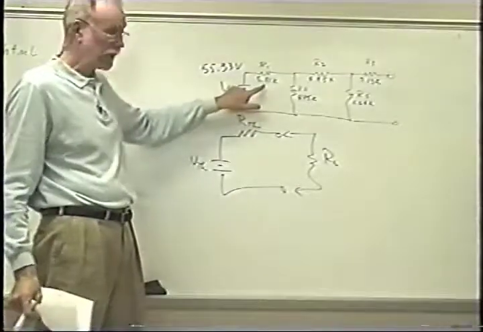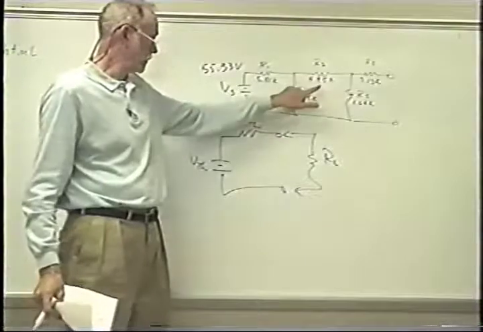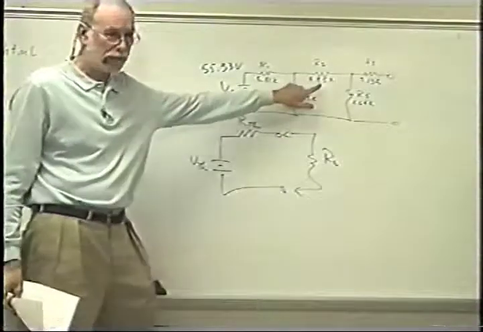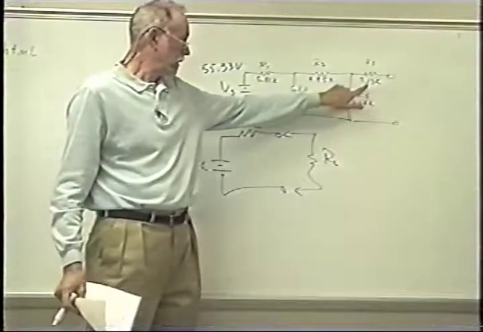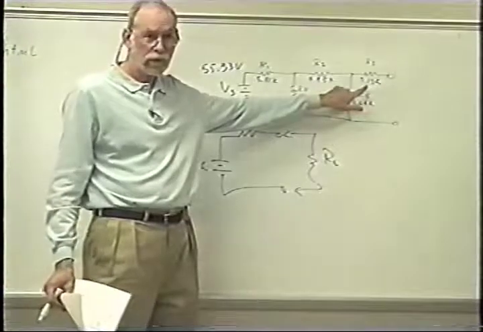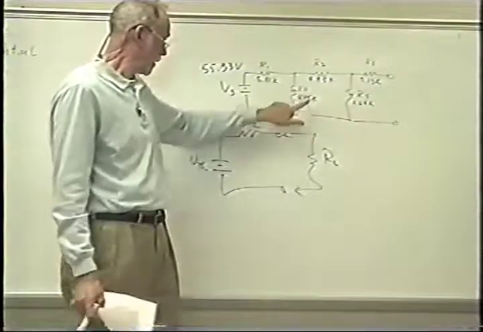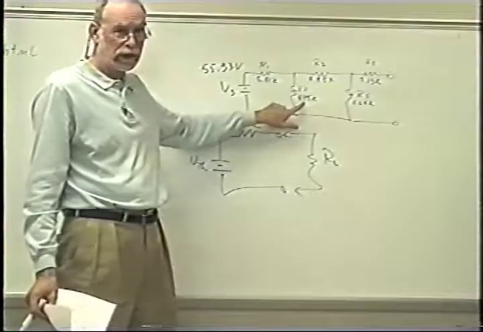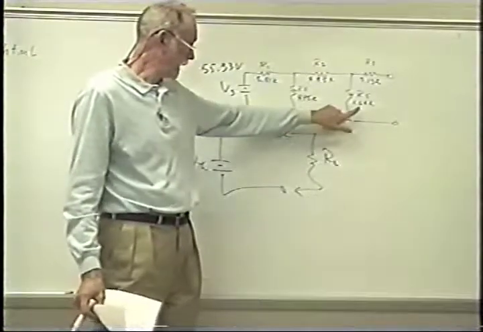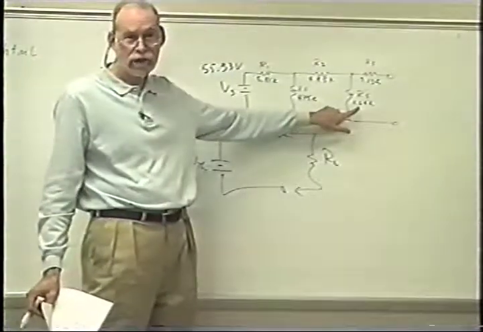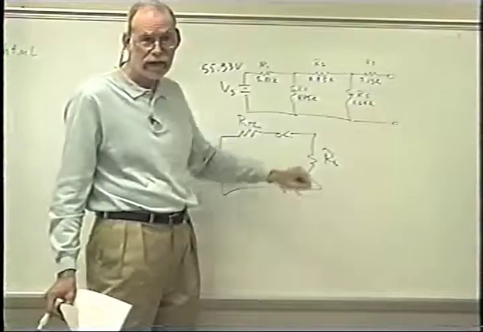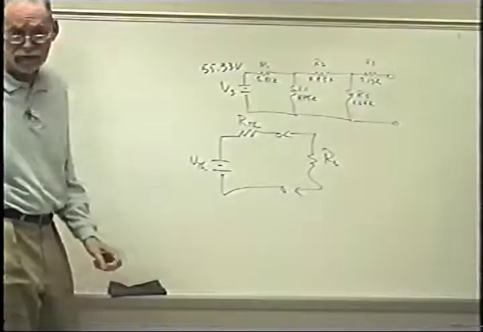R1 is 5.81 K. R2 is 4.95 K. R3 is 7.13 K. R4 is 4.95 K. And R5 is 1.64 K. You might want to do a little bit of a close-up on that so that everybody has a chance to write that down.